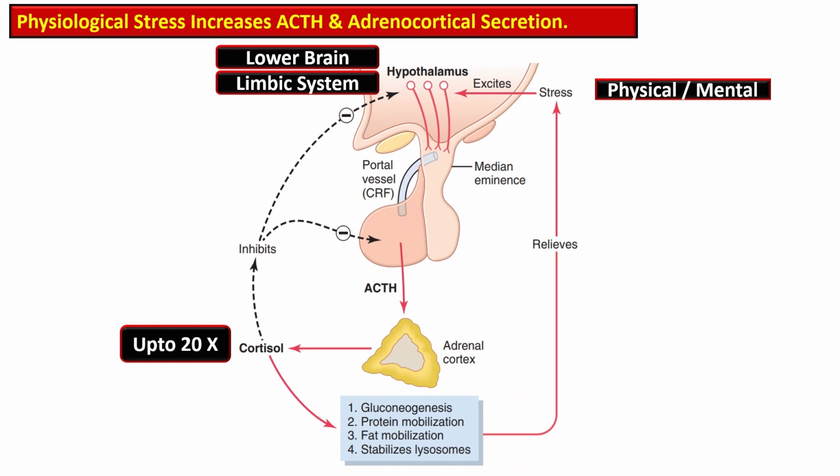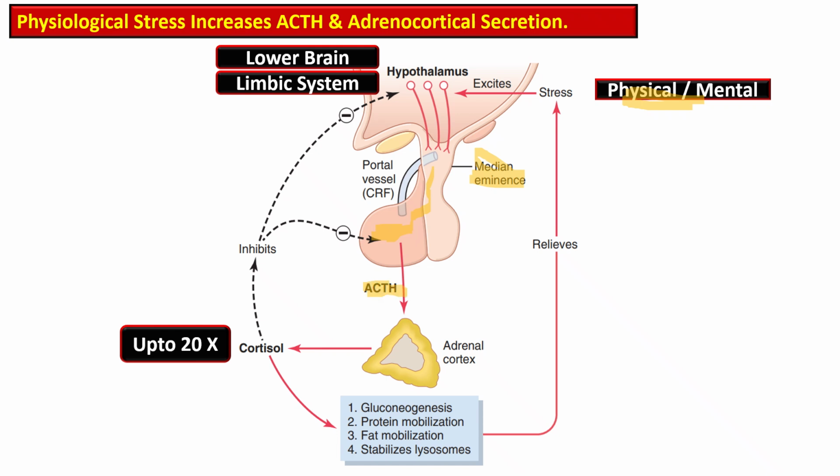So pain and tissue damage signals travel up through the brain stem to the median eminence of the hypothalamus, and here corticotropin releasing factor or CRF is secreted into the hypophyseal portal system, leading to increased adrenocorticotropic hormone release from the anterior pituitary.